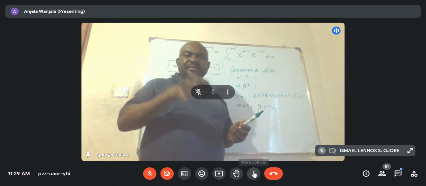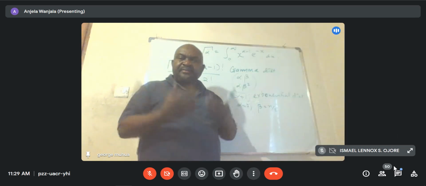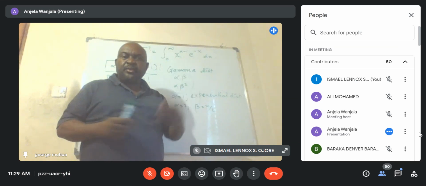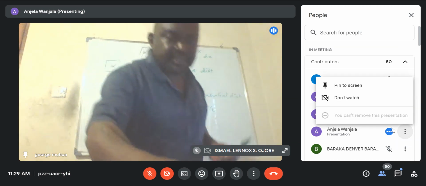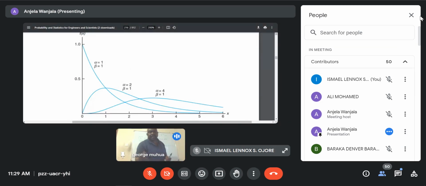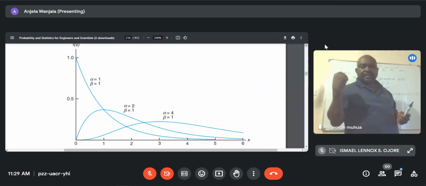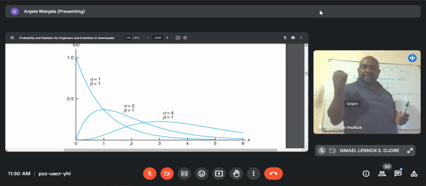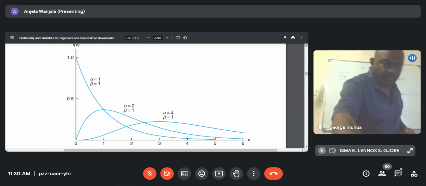Now, those graphs are just indicating if we vary the alphas and the betas, then how fast do we get to the normal distribution? As you can see here, when alpha is 4 and beta is 1, we are saying let us have beta constant, and then we vary alpha. Then you can see we are tending to the normal curve.